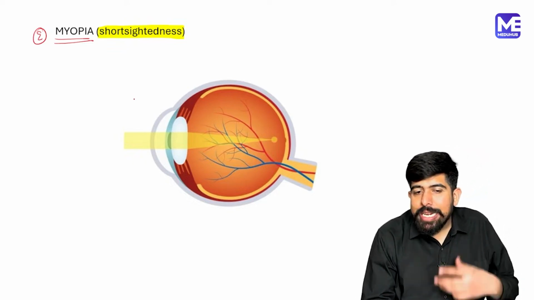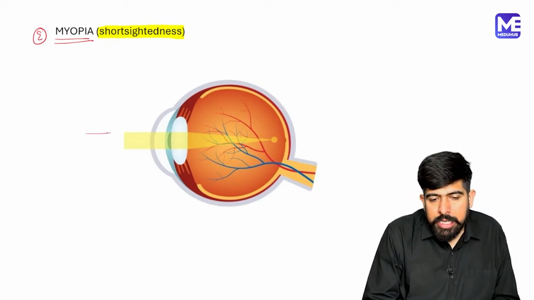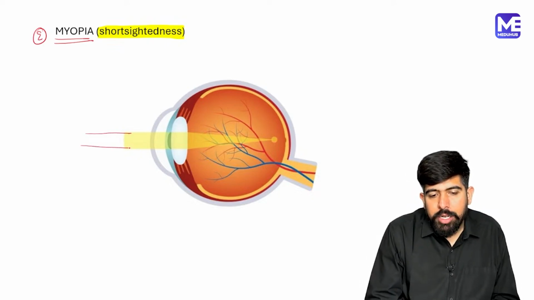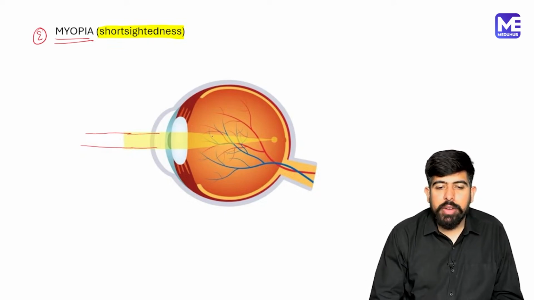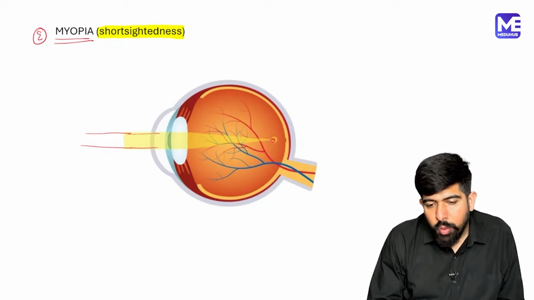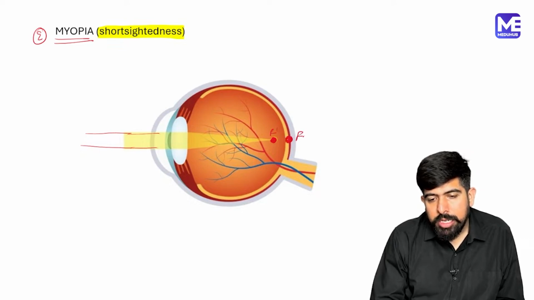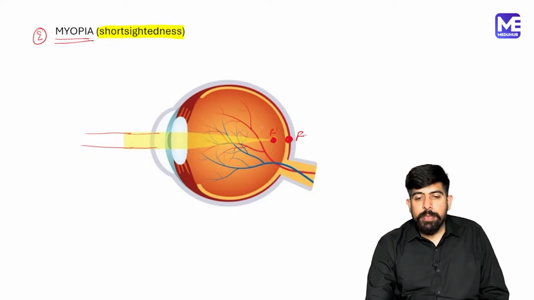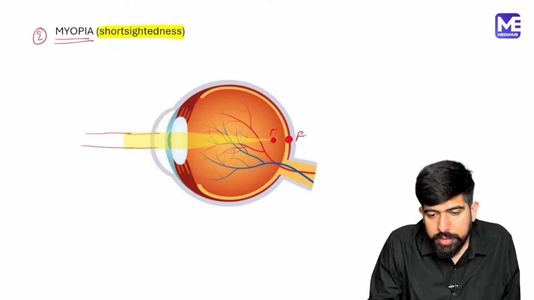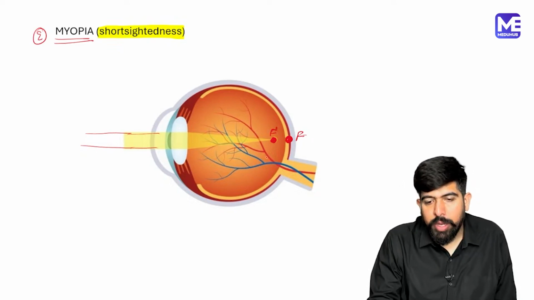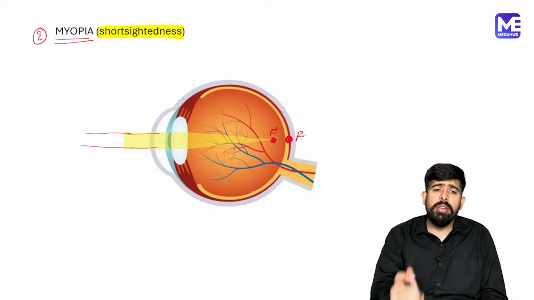What is happening in this condition? You can see the rays going parallel, after refraction, making the focus point here, just before the retina. The normal focus point should be on the retina, but this is making the focus point just before the retina.